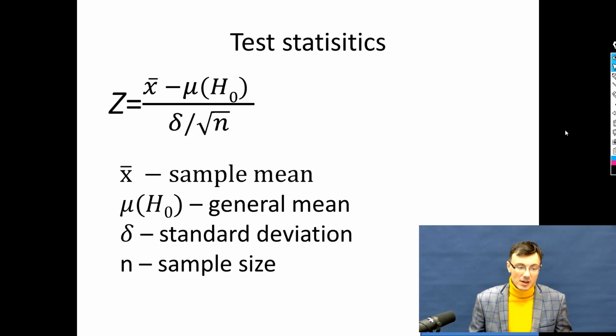This is the formula for calculating the Z criterion. It uses our sample mean and the general mean. The population standard deviation must be known, and n is the sample size.